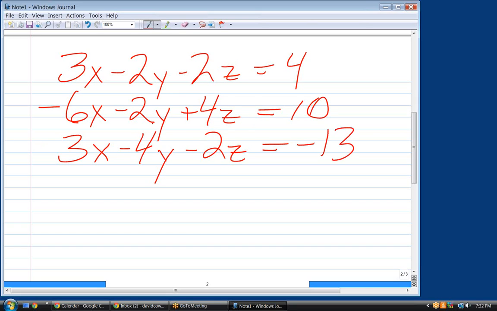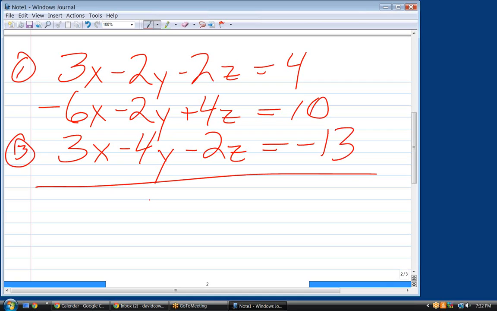Okay, so I'm going to do 1 minus 3, only because it gives me positive numbers. Right? Okay. Now I've solved for y.